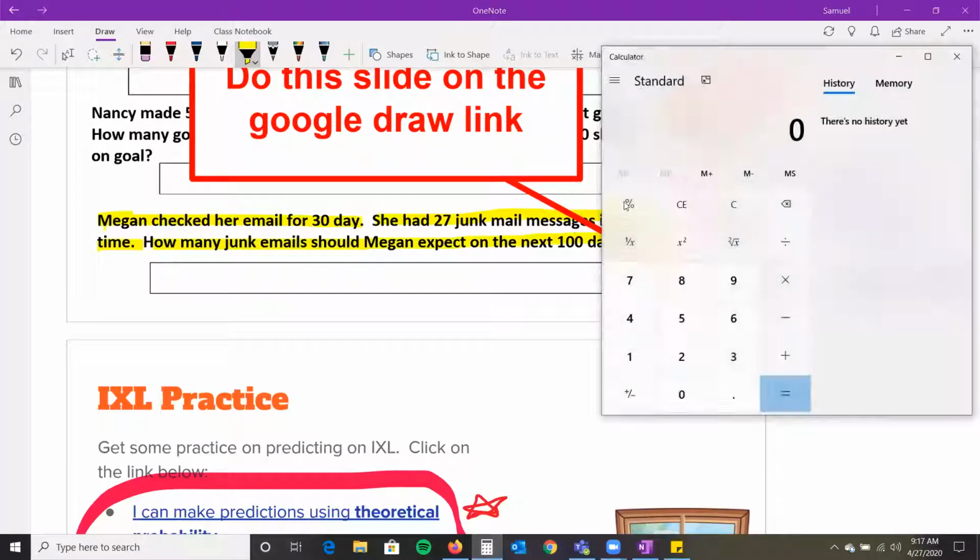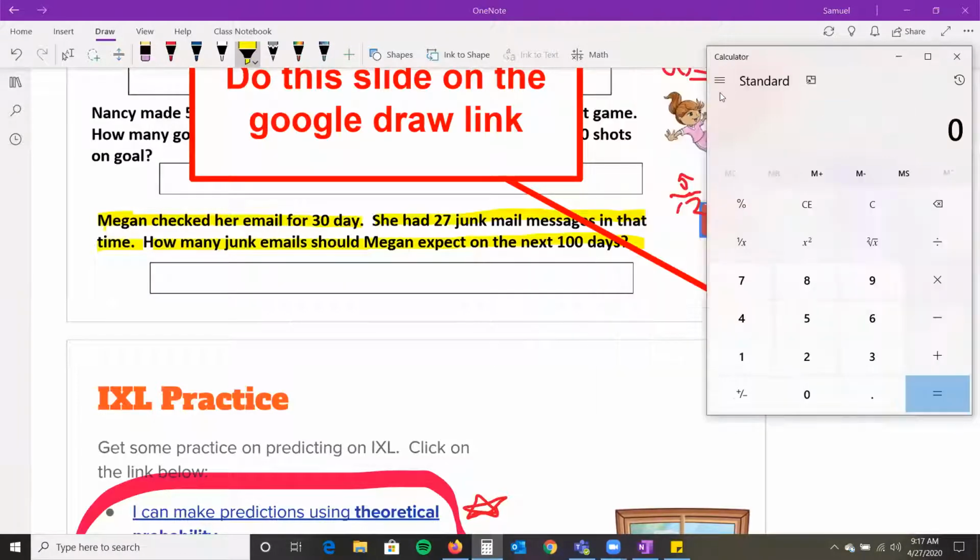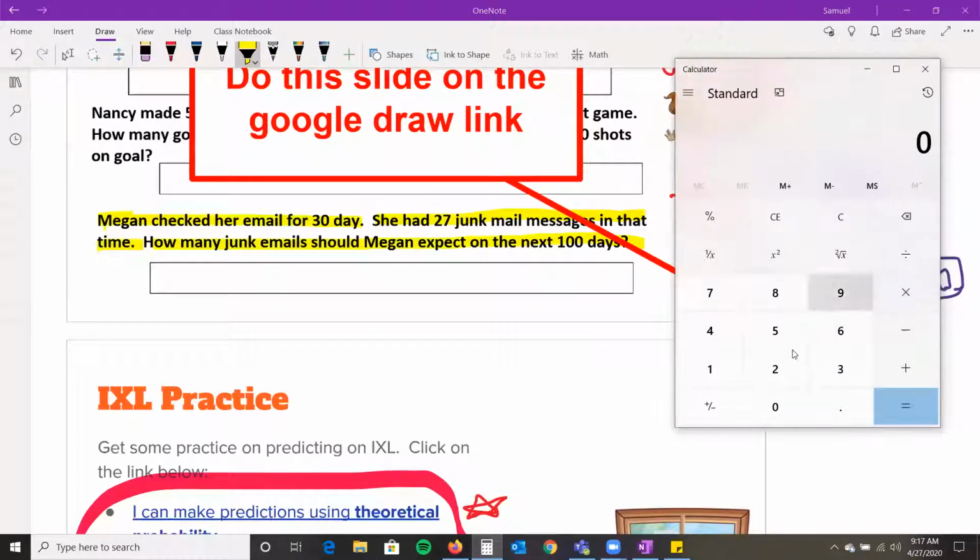Okay, so we take our calculator, and all we really do is say 27 junk messages, right? Out of the 30 whole days, right? So 90% of the time, 90% of the days, she's getting junk mail.